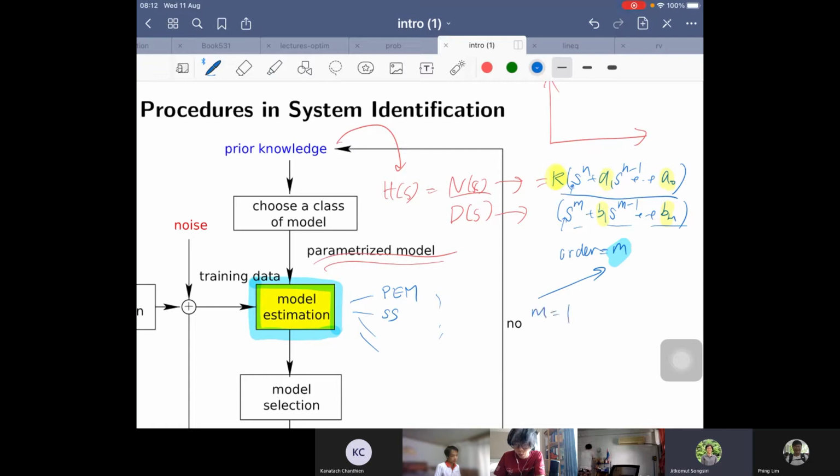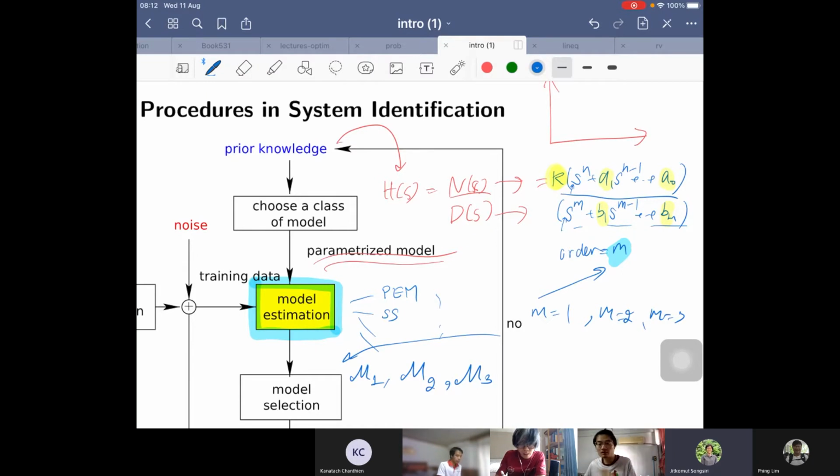You can say m equals 1, m equals 2, m equals 3, which means you're going to have a first order model, a second order model, a third order model.